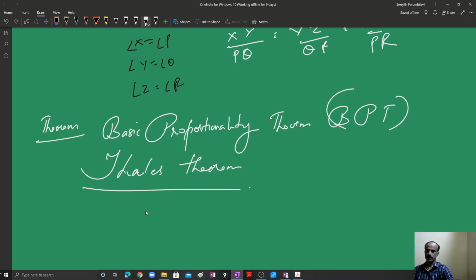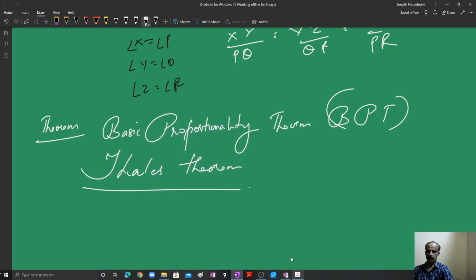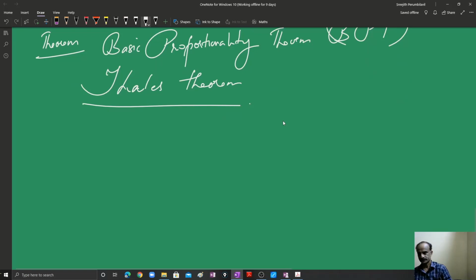This is an important theorem in the chapter. To familiarize you with the layout of the reader, you can see it on page number 124, theorem 6.1. What does this say?